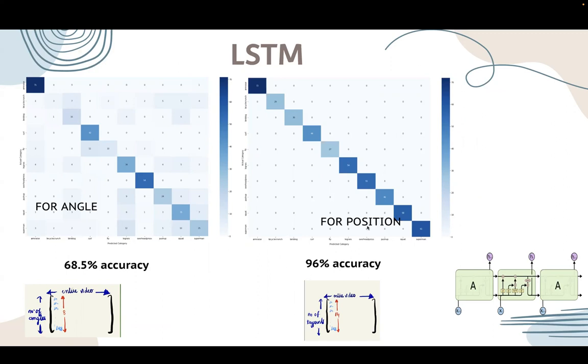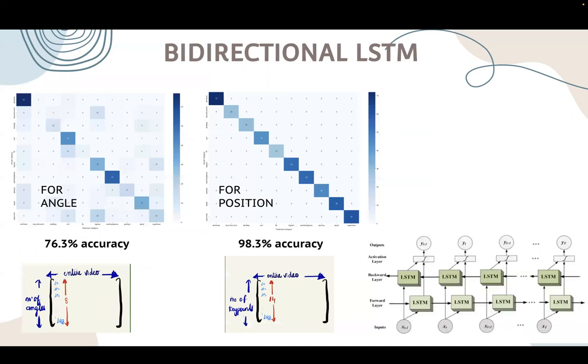We further plan to apply this sequential information to the BiLSTM model. BiLSTM models are well known for classification-based tasks. Here we can clearly see the increase in accuracies for angles and positions, where we got about 98.3% in the positions data.